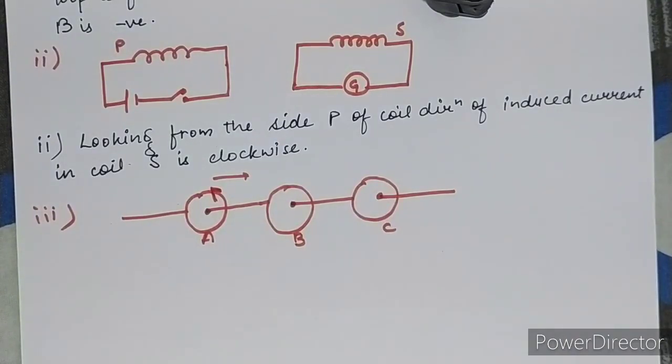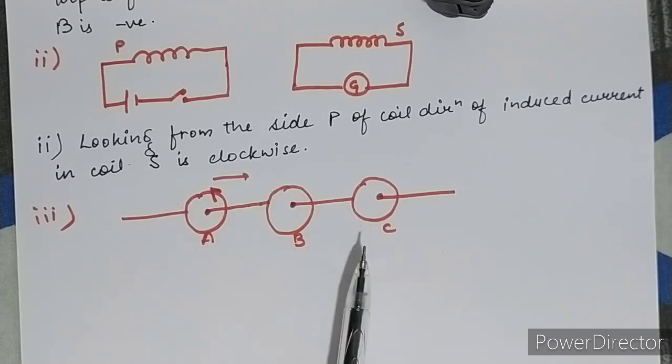Now in the third one, look at the B side. There is no induced current in coil B due to the current in coil C, because coil C is fixed. Looking from the side of coil A, the direction of the induced current in B is anti-clockwise. Okay, B has two sides, one from C and another from A.